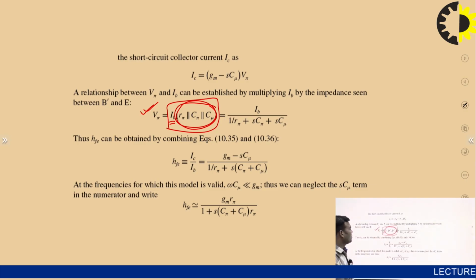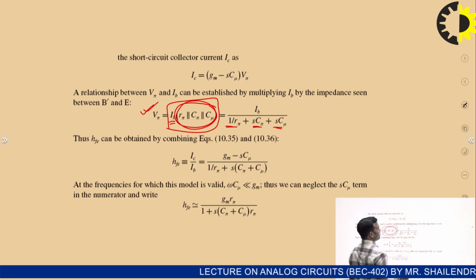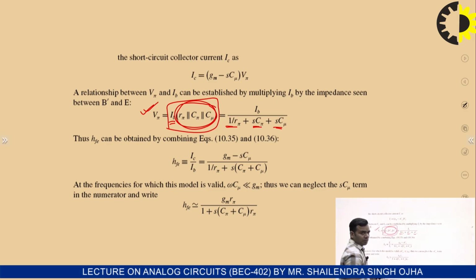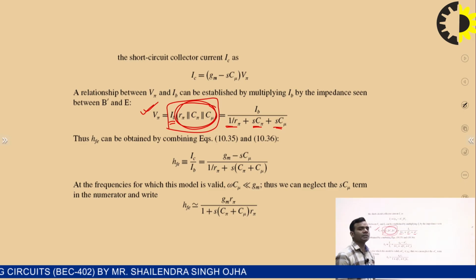Now the parallel combination of R pi, C pi and C mu will be equal to 1 upon (1/R pi + S C mu + S C pi), and IB will be in the numerator.